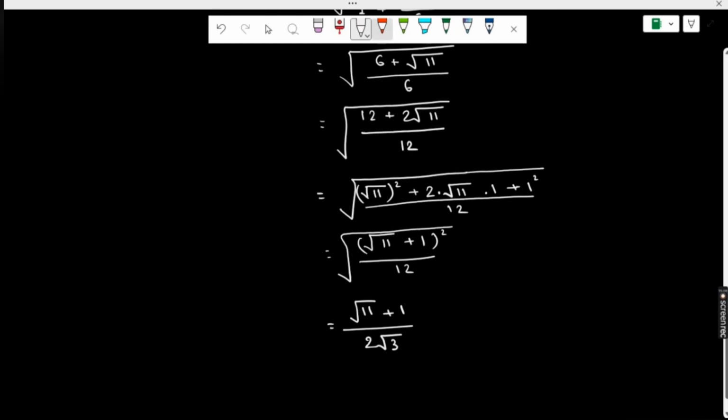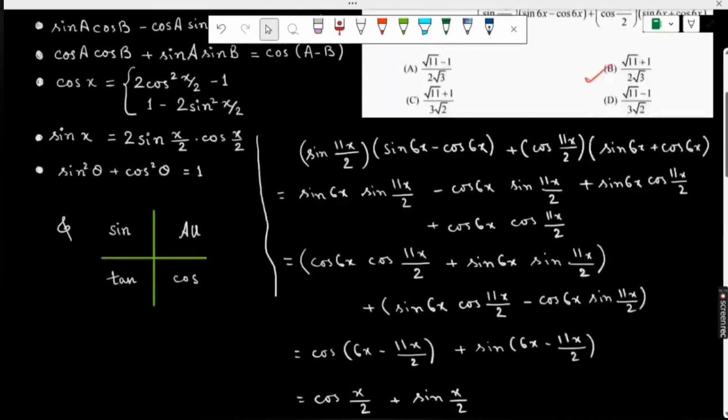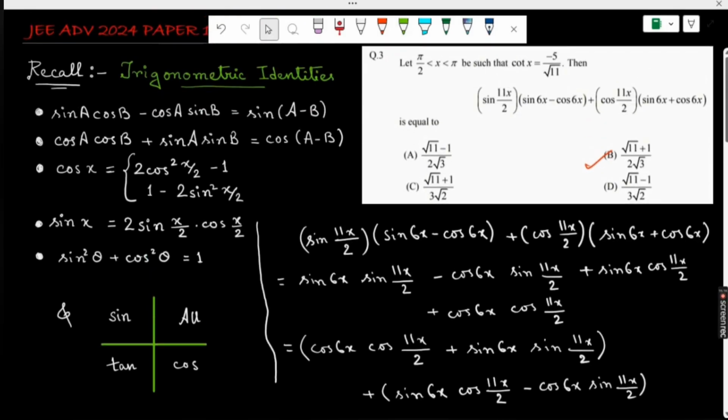So again, we can say option B is correct. The question was so simple. For the first way, we just need the concept of where the value is positive and where it is negative, and cos x in terms of cos and in terms of sin.